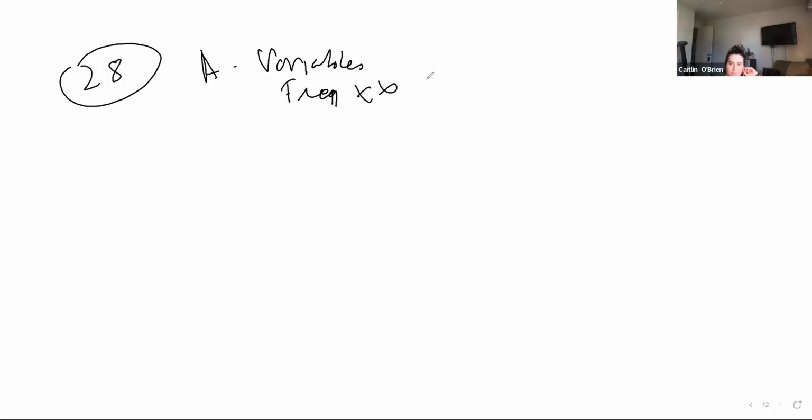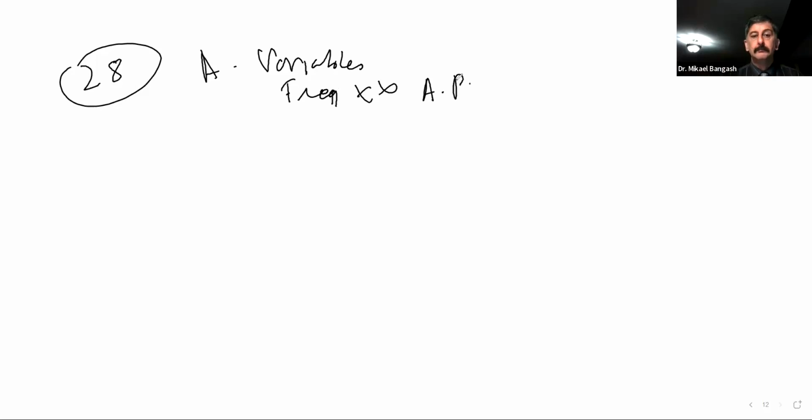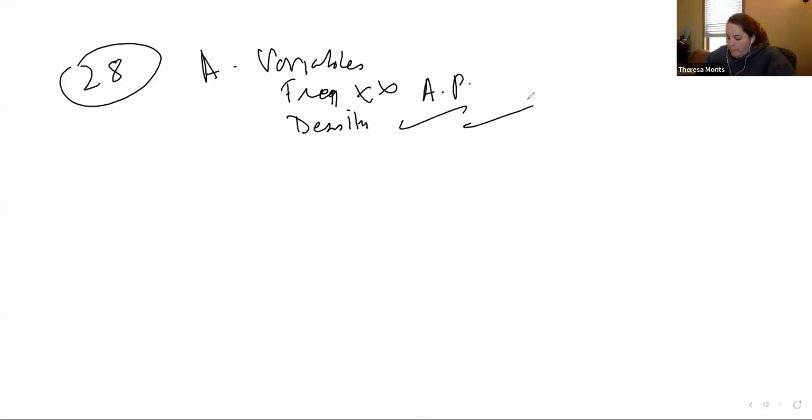No. As a matter of fact, that's an acoustic parameter. Clear? Okay. Density. Is that an acoustic variable? Yes.